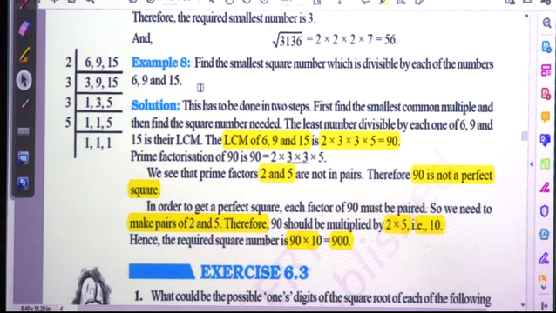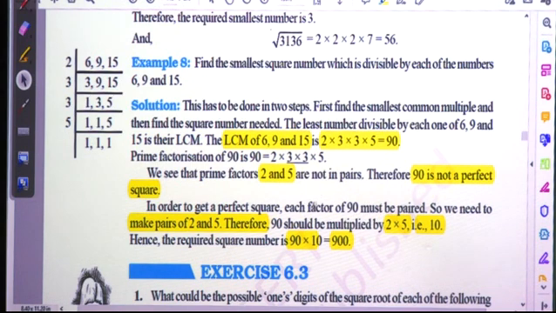I hope you are understanding it. What has been done here? First, we calculated the LCM of 6, 9 and 15, and after calculating the LCM, we did the prime factorization. We found the prime factors of 90, and there we understood that 2 and 5 are not in pairs.